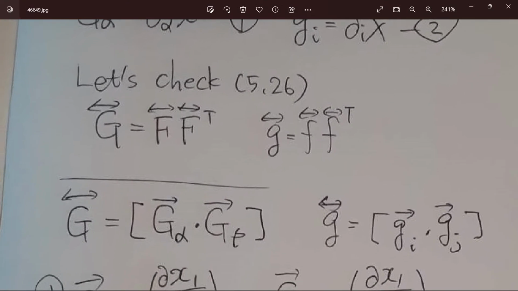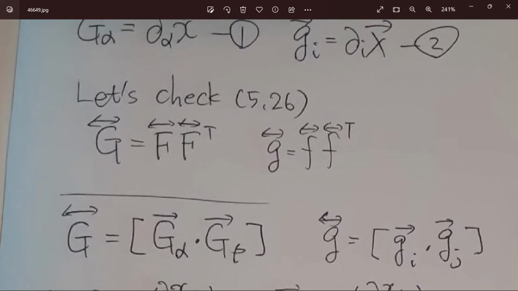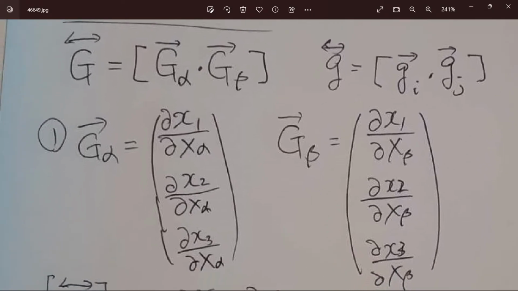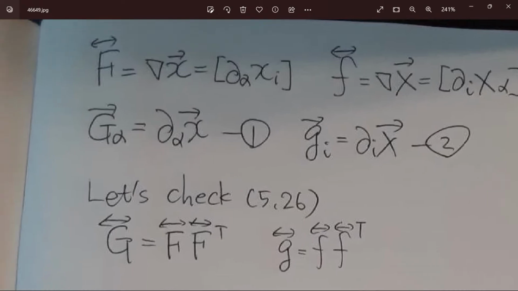Now I want to go from the G tensor. For the G tensor, you need the G vectors, G alpha and G beta. G alpha and G beta are given here as equation 1.